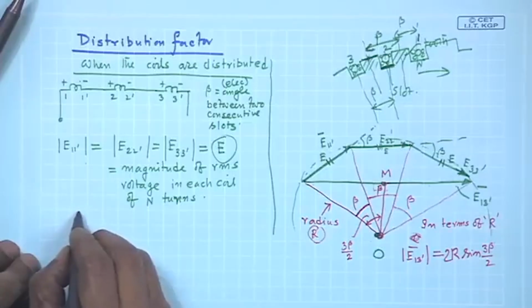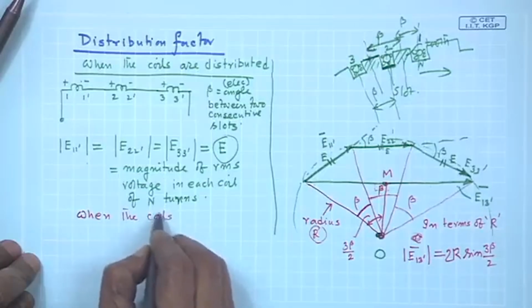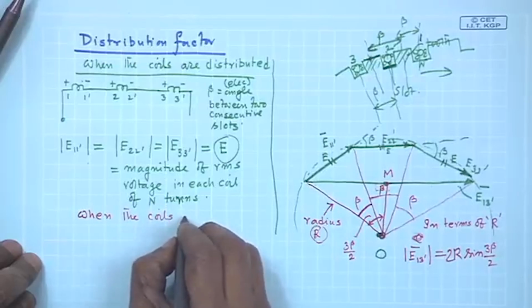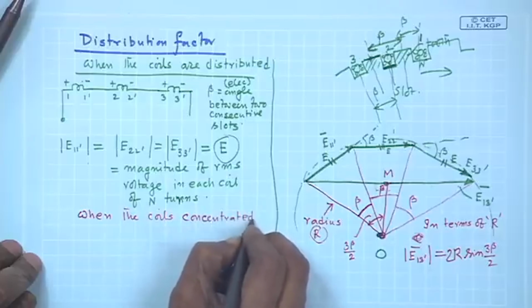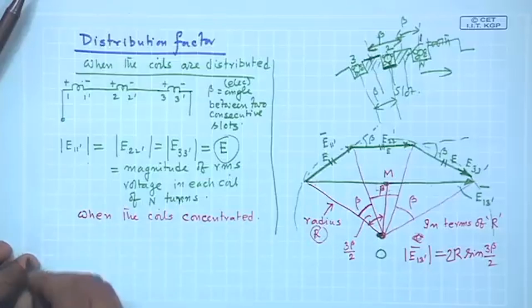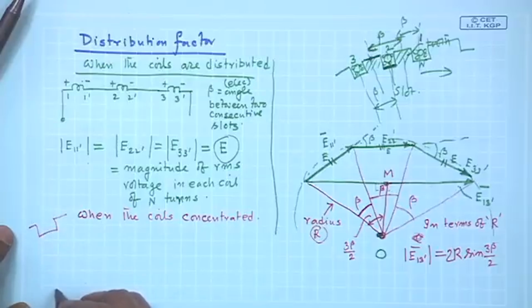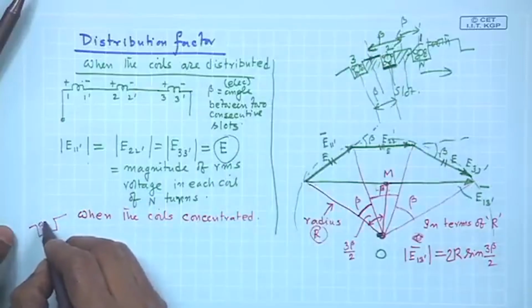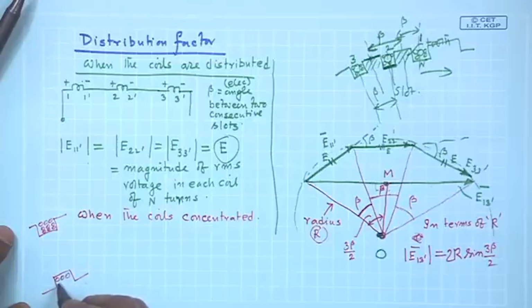and when the coils are concentrated, that means all the turns are in only a pair of slots here: 1 dashed all the turns, 2 dashed all the turns, 3 dashed, all are concentrated.